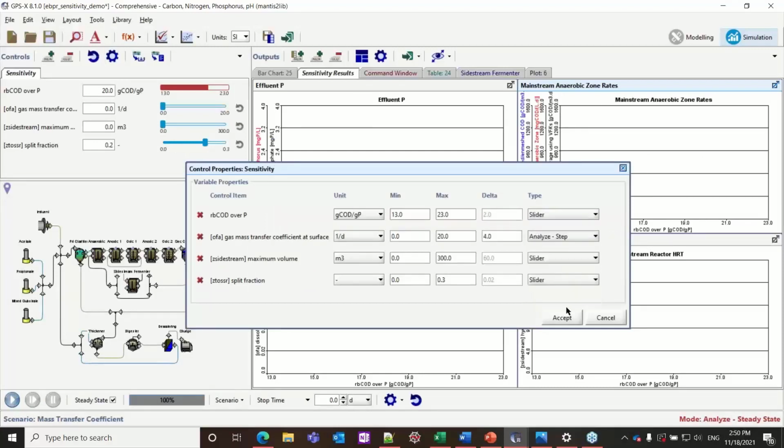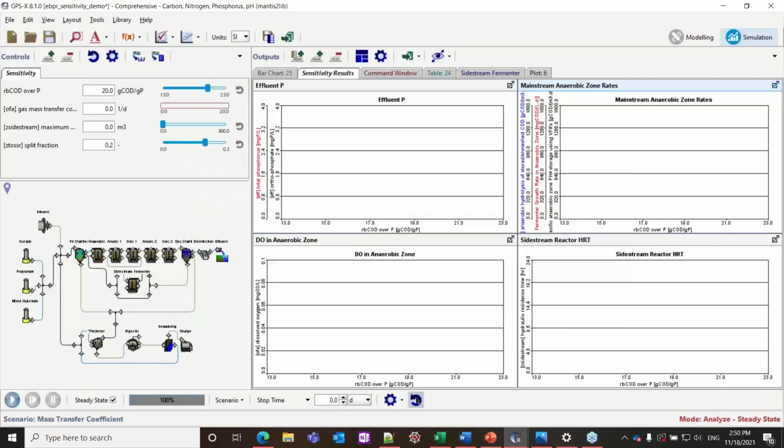So this is basically just a parameter that we can vary to look at the effect of the strictness of an anaerobic condition on EBPR performance. Because as we increase this coefficient, we basically are just allowing oxygen to slowly seep into the system. So I'm just going to run this now.